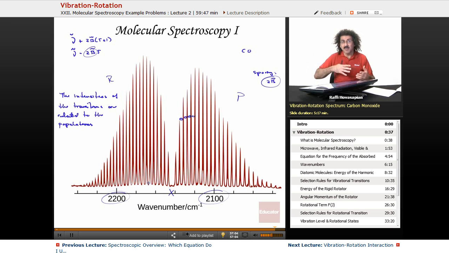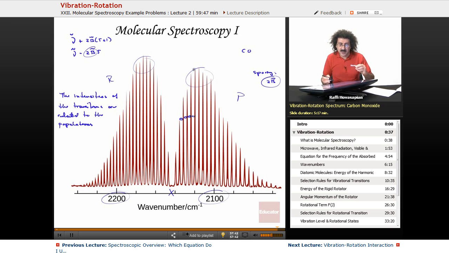The more molecules you have, each one of those molecules is going to make a transition. Each one of those transitions is going to contribute to the size of the peak. If you only have 10 molecules making the transition from level 3 to level 4, it's going to have a certain height of a peak. If you have 100 molecules making the transition from level 2 to level 3, that peak is going to be higher. So in this case, the transitions among levels 2, 3, 4 tend to be the peaks of highest intensity.